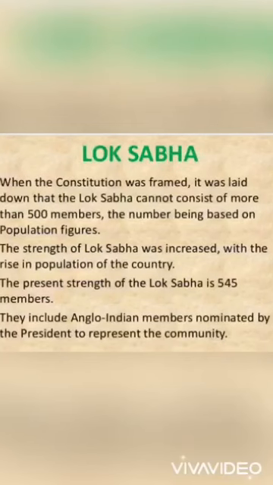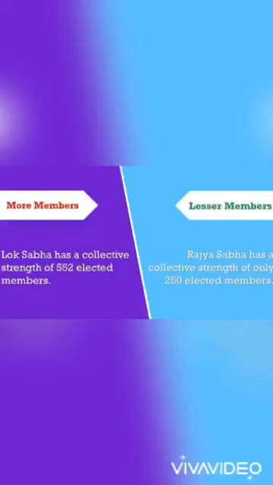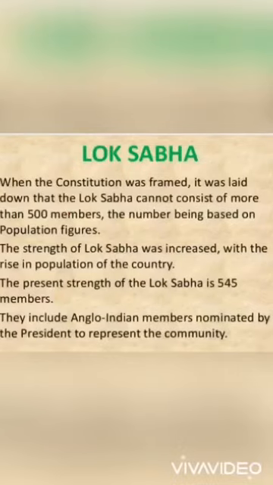According to the Constitution, the strength of Lok Sabha can be 552, but at present the strength is 545. Out of 545, 543 are elected and 2 are nominated by the President of India. Those 2 members represent the Anglo-Indians.